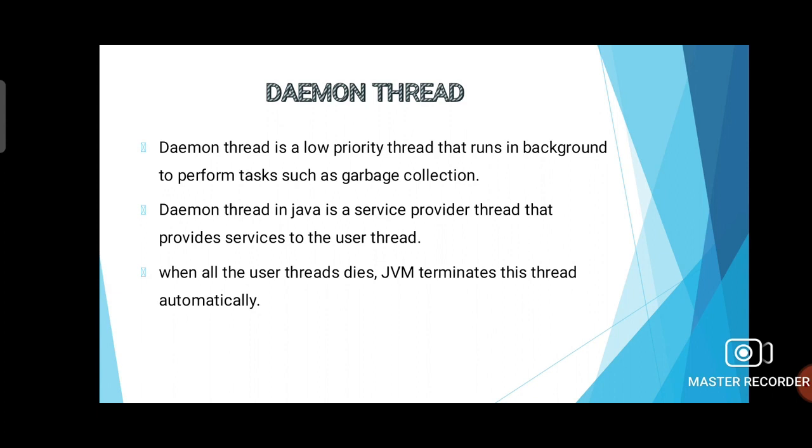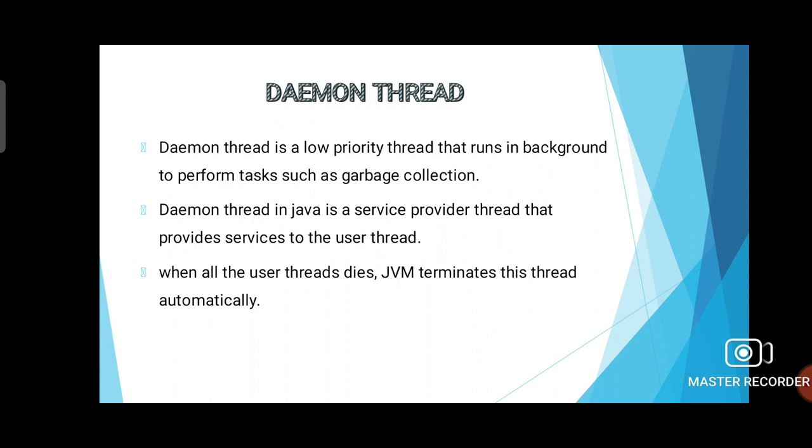Normally in programming, the user can create their own threads for doing some special task. Those threads are called user threads. Each user thread will have its own operation provided by the user. But the daemon thread is a background thread which is used to provide some service to the user thread, like garbage collection.